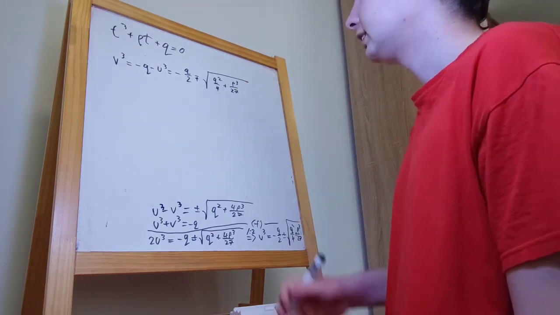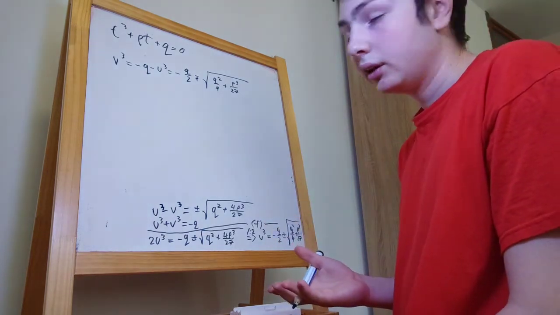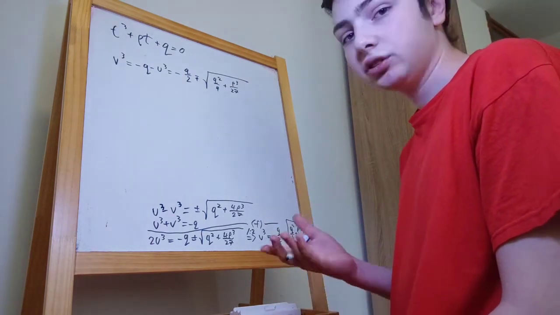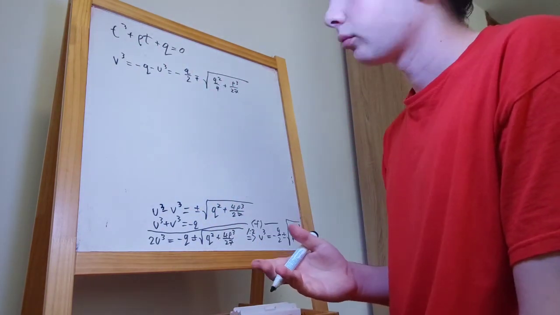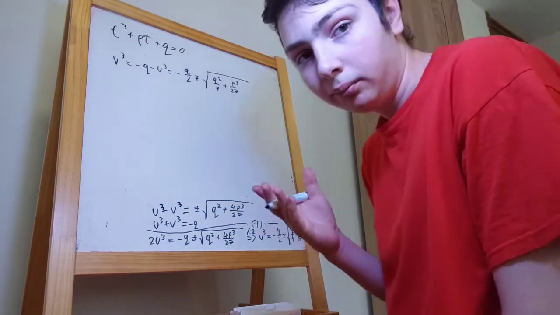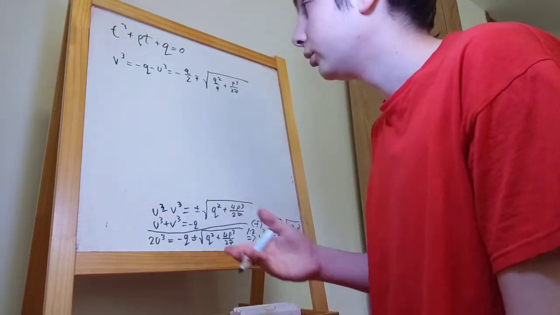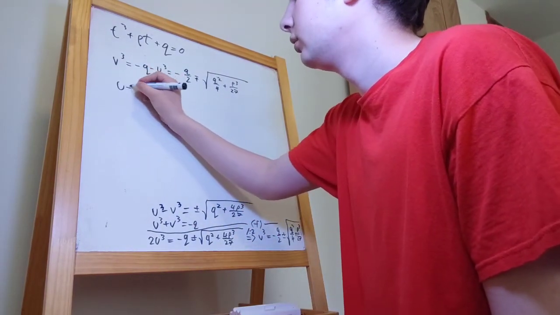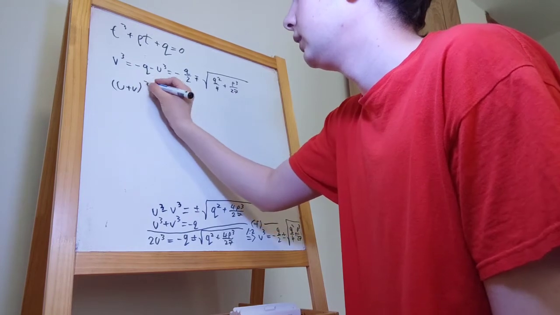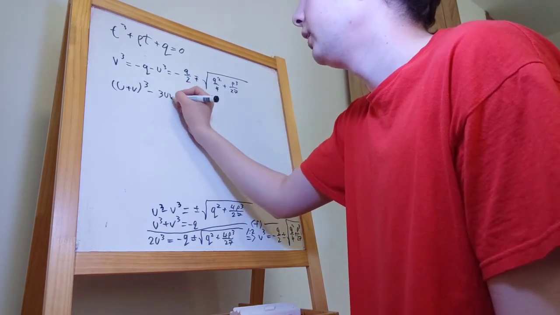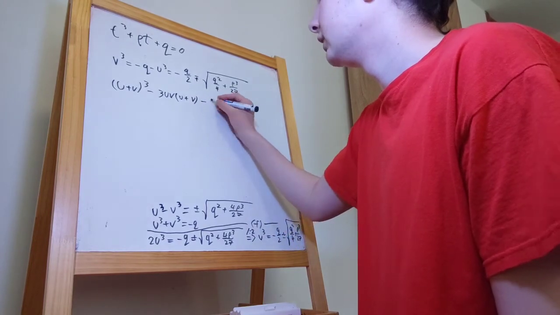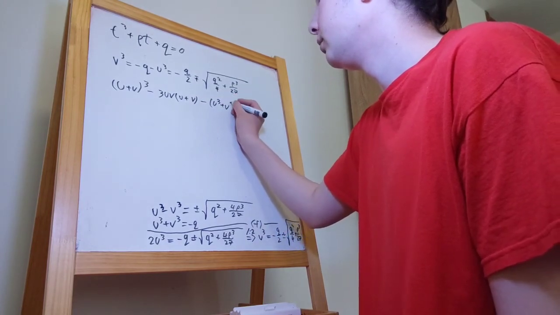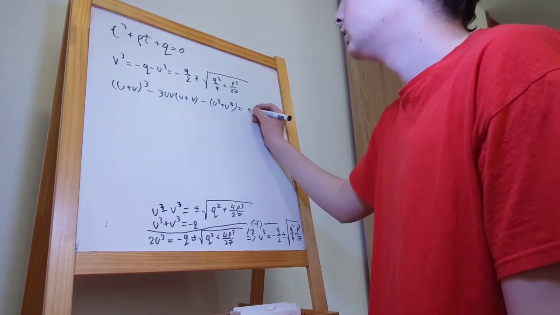And now, since u and v could be chosen randomly, since our original equation was symmetrical in u and v, here I'll just write it down again for you. (u plus v) cubed minus 3uv(u plus v) minus (u cubed plus v cubed) is equal to 0.